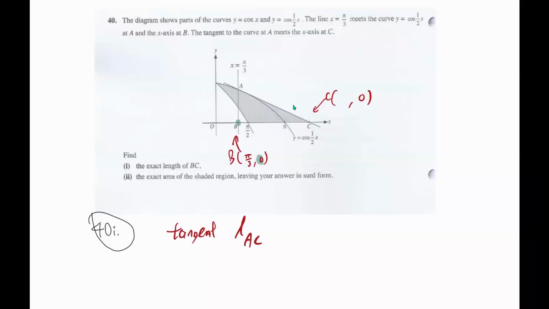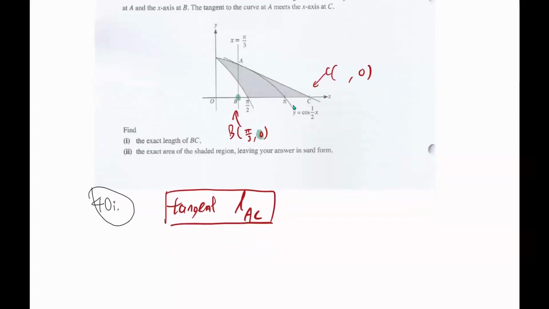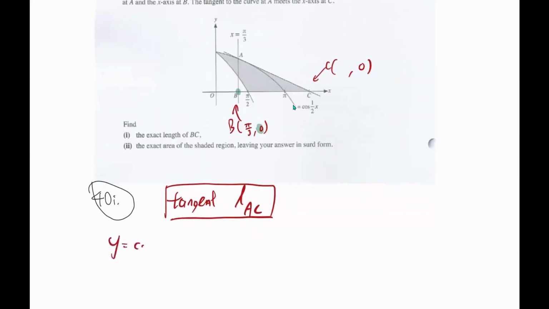Good. So how do you find tangent line LAC? What are the 2 ingredients you need? Is it minus half sine x? Did you differentiate cos half x? Yes, that will be the gradient function.